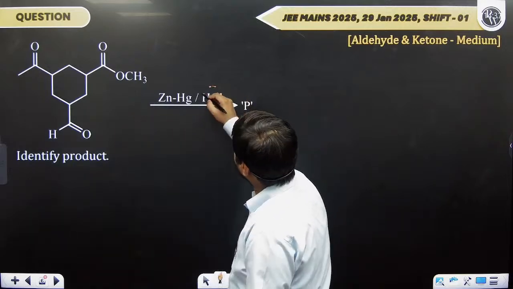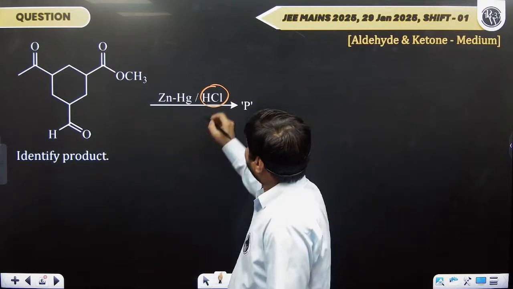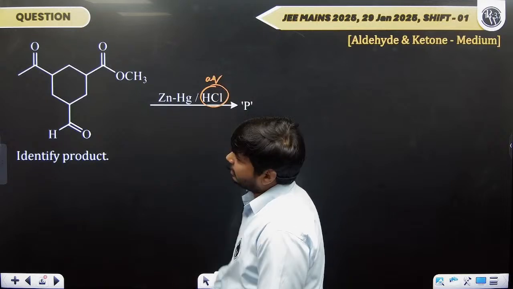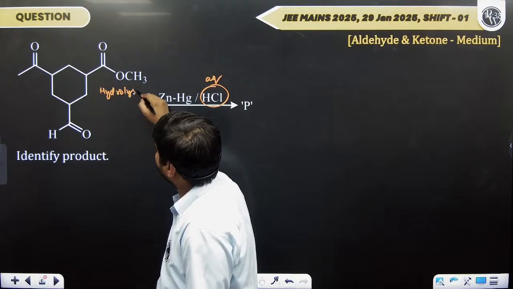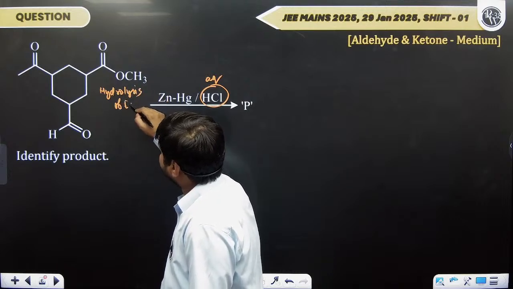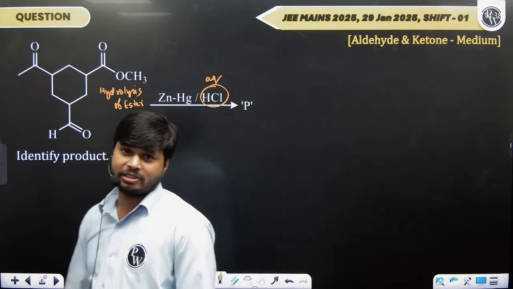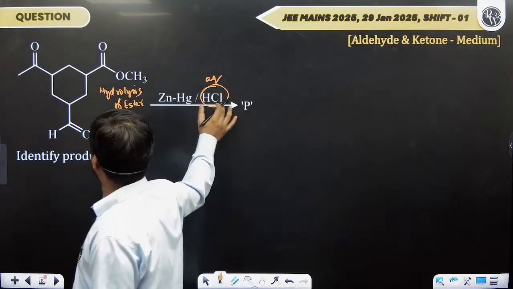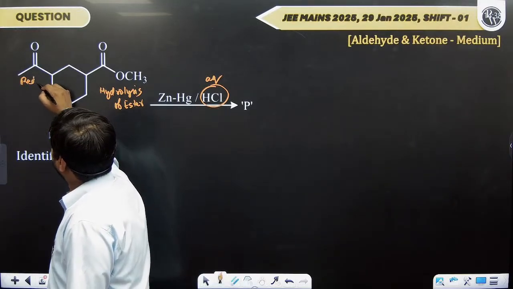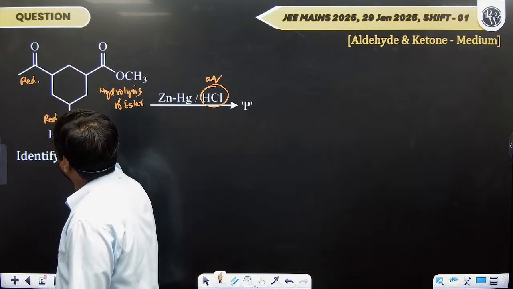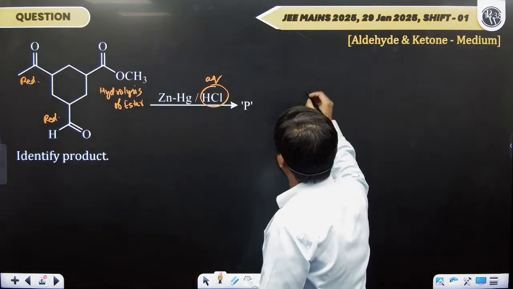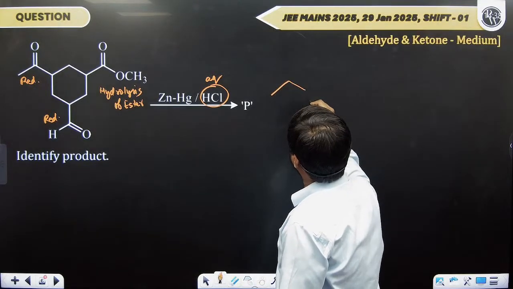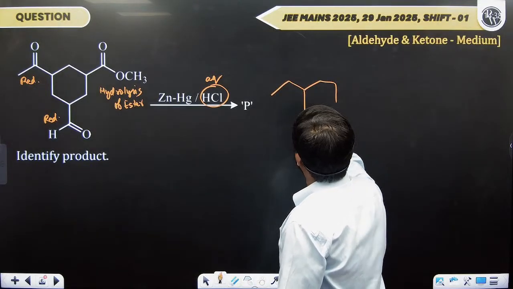But here you also have HCl, and if HCl is aqueous, it will do the hydrolysis of ester. So hydrolysis of ester will also take place, as well as the reduction. This ketone group will be reduced.